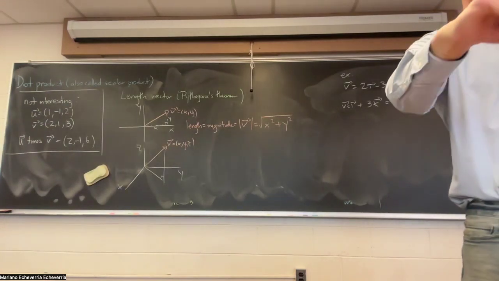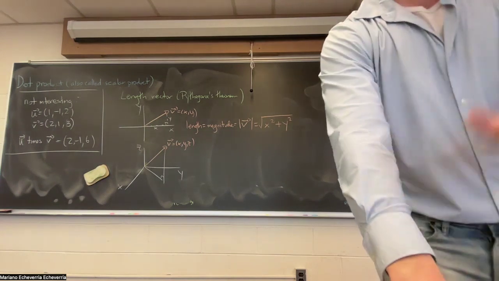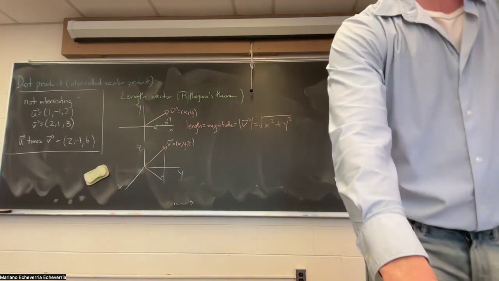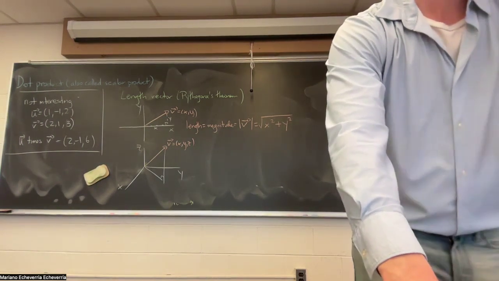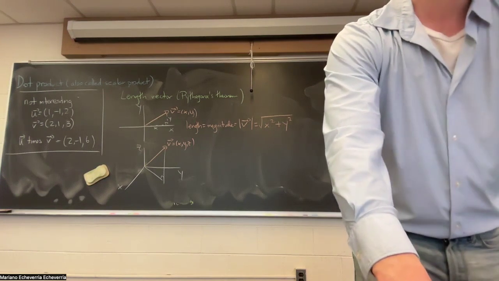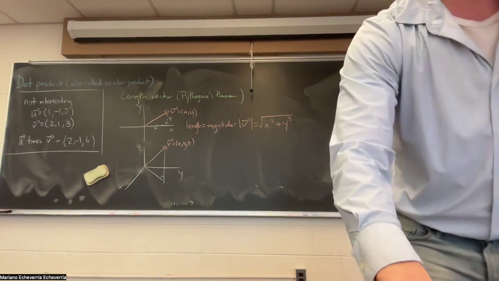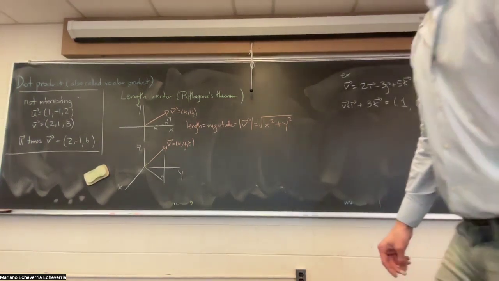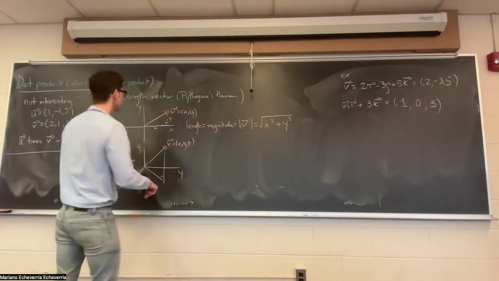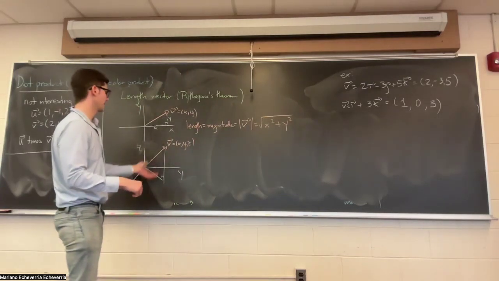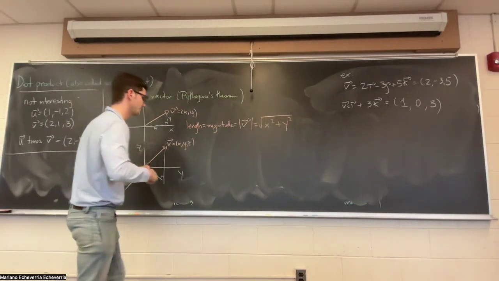So if you have a vector like this, think of this as a hypotenuse, one of the sides of the right triangle would be this vertical one, and the other side would be this horizontal one. So there's actually a right triangle here as well. So you can apply the Pythagoras theorem in this case as well.